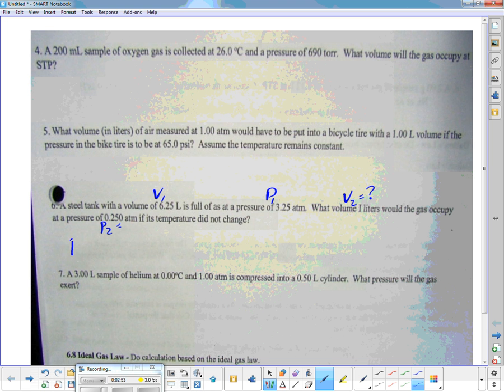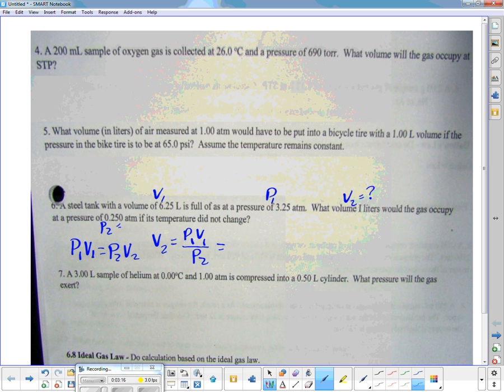So Boyle's law is P1 V1 equals P2 V2. So I don't have V2, so I'm going to solve for V2. You can do it one of two ways. You can plug in everything right now and just put an X for V2, or you can rearrange it. I prefer to rearrange it, but you can just plug in and then solve, and that's fine too.